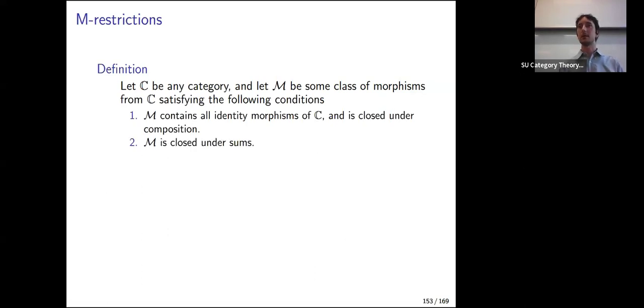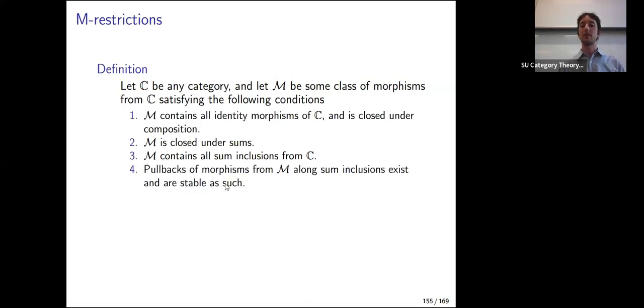It needs to be closed under sums of morphisms. It needs to have all the sum inclusions. We need to have that pullbacks of morphisms in M along sum inclusions exist. And if I pull back, then it's still going to be an M. And if I have morphisms F and G, and the composite FG is an M, then G needs to be an M as well.